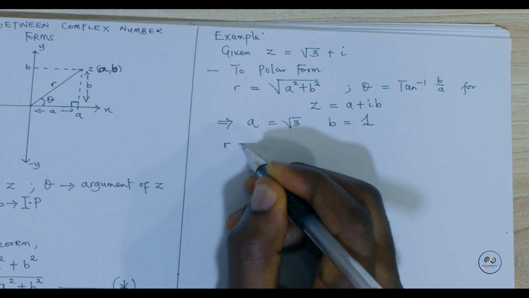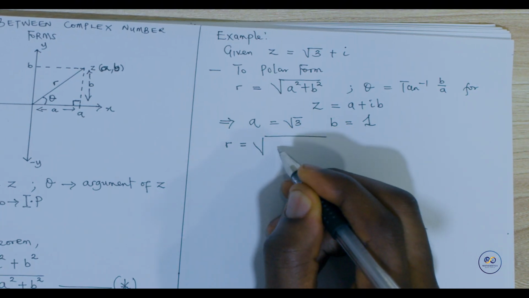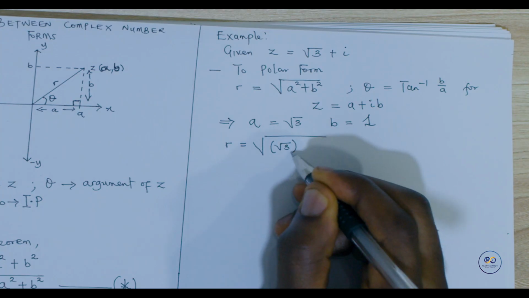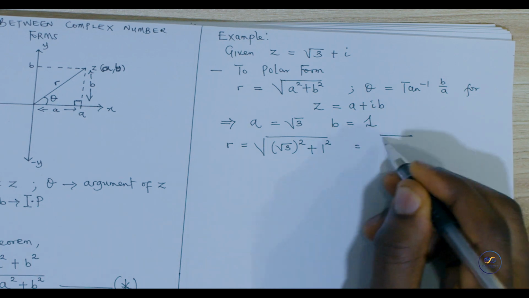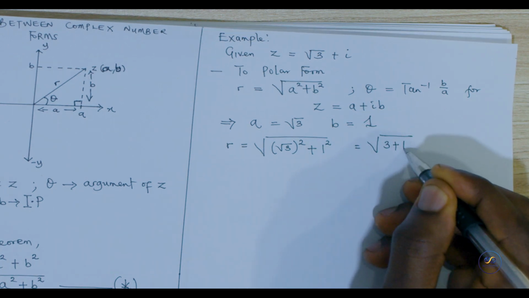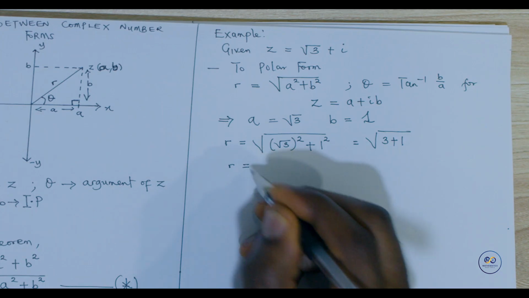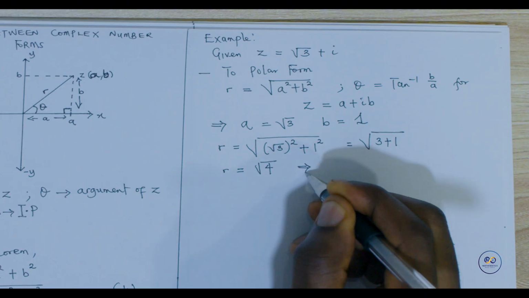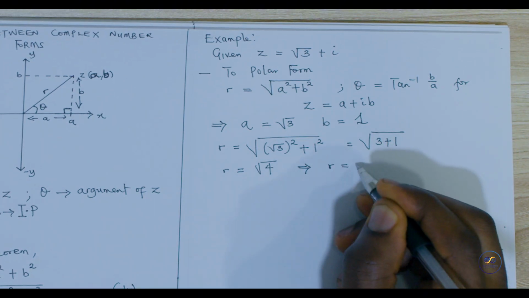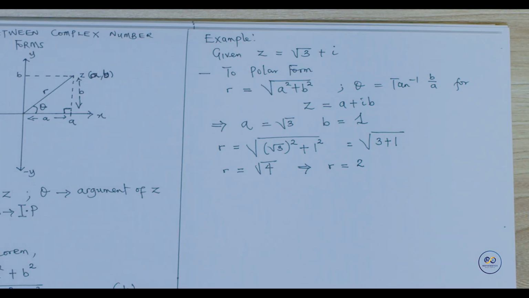So for the modulus, we would have the square root of root 3 squared, then plus 1 squared, which would give us the square root of 3 plus 1, which means that the radius or the modulus is the square root of 4, which in this case means that the modulus is 2, right? So the radius in this case is 2. Do not forget that we are taking the positive value, right? The positive value of this radius, right?